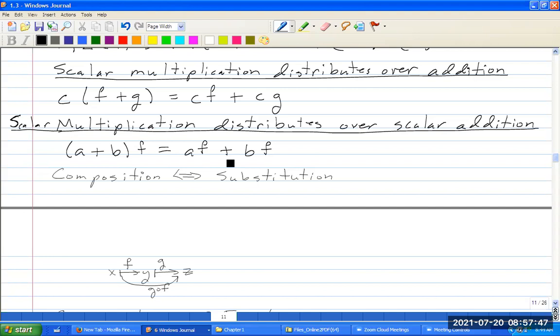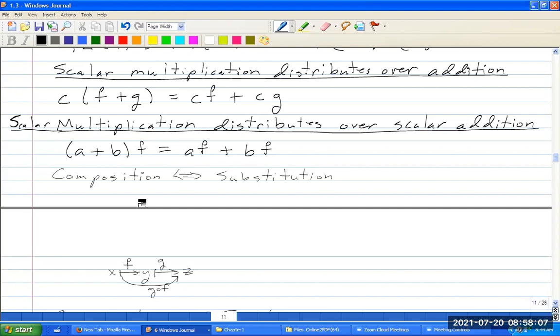Next, let me discuss composition. Composition is just a fancy term for substitution. It is substitution utilizing functional notation.